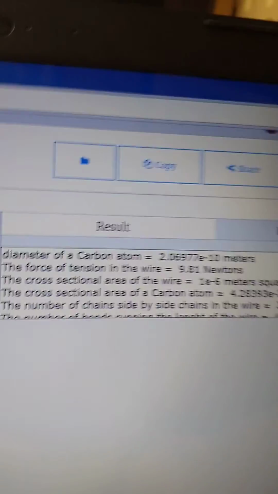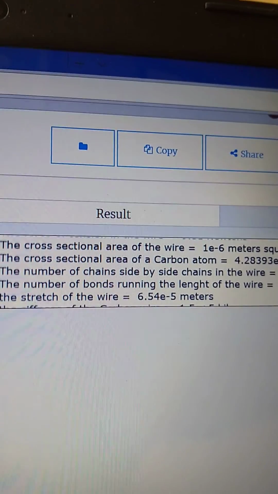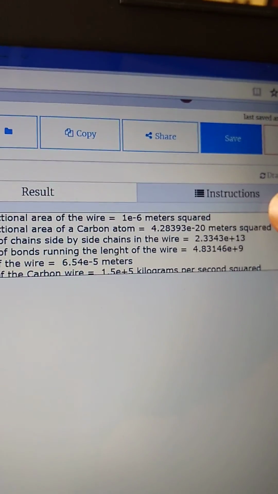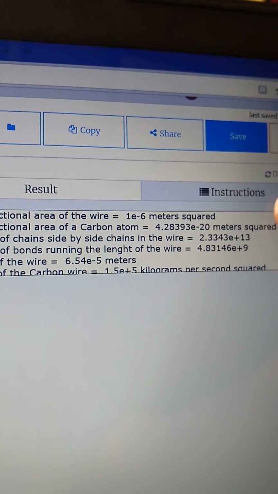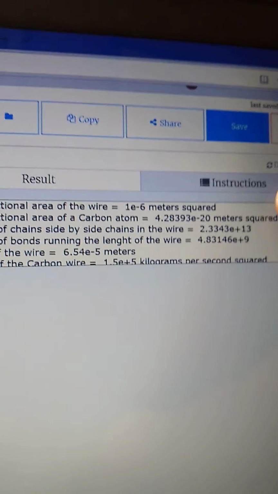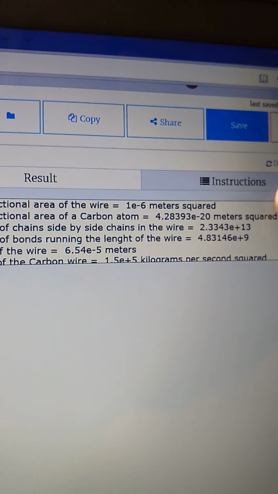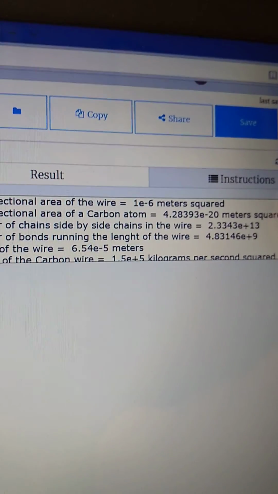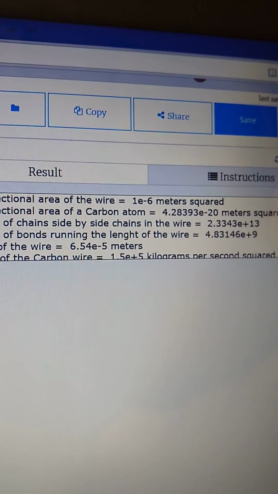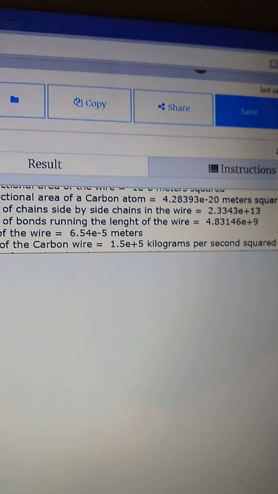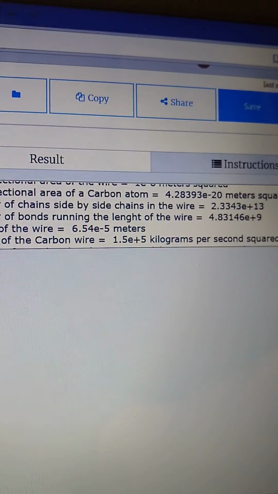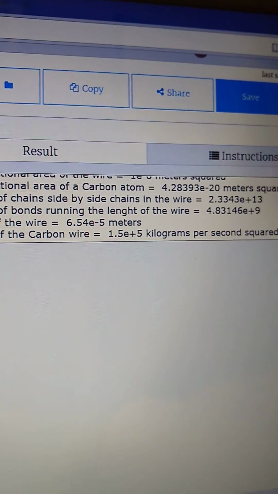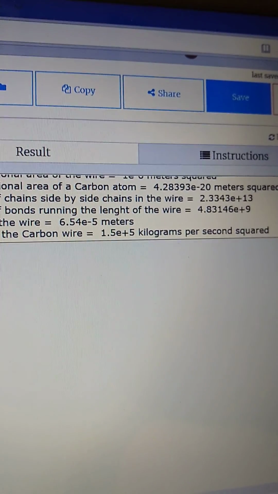And let's see, the number of chains side by side is 2.3 times 10 to the 13th, and the number of bonds running the length of the wire is 4.831. Okay.